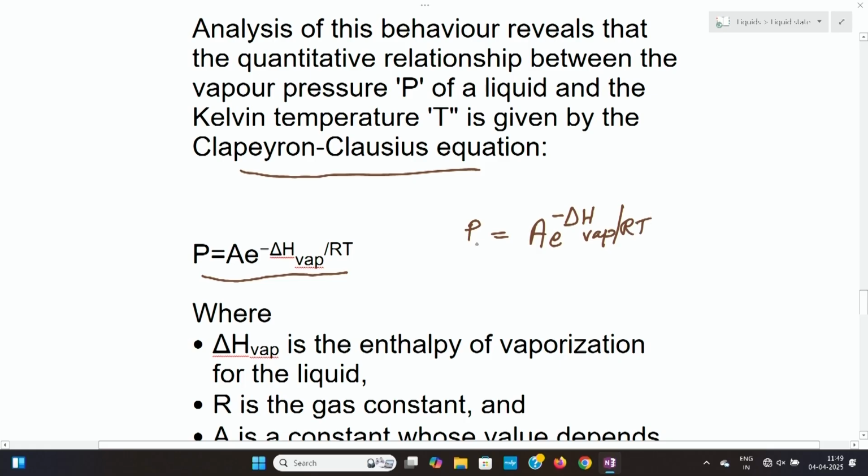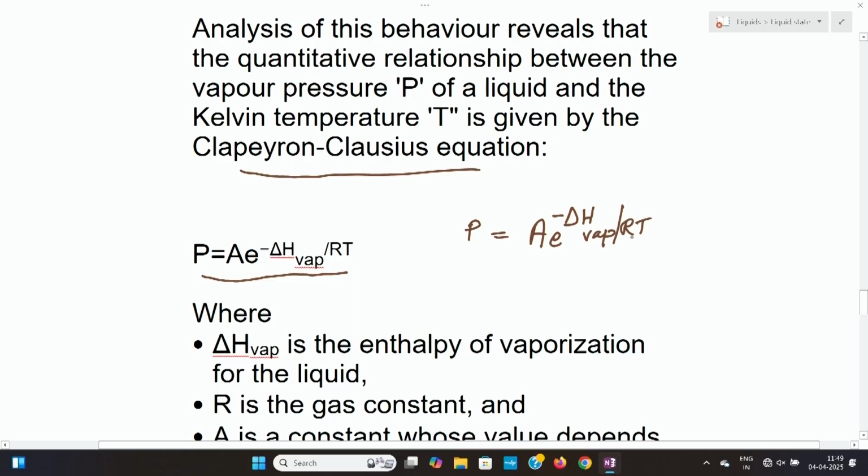Here, P is the vapor pressure, A is a constant, delta H is the heat of vaporization for the liquid, that is the energy required to change from liquid state to vapor state, R is the gas constant, that is 8.314 joule per Kelvin per mole, and T is the temperature in Kelvin.